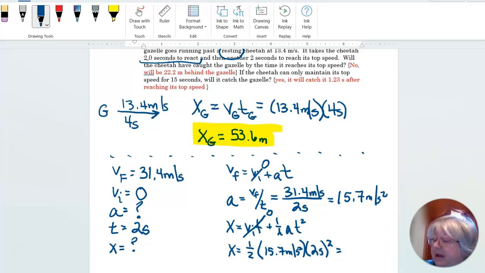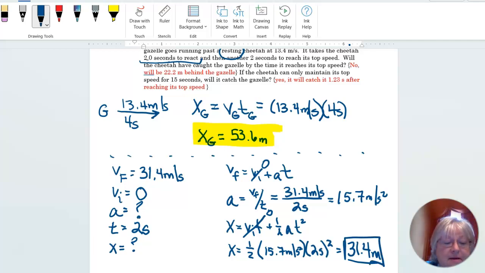So let's see. I hit this into my calculator, and I get 31.4 meters, which is less than 53.6. So I can say that no, my cheetah has not caught the gazelle at this point. Okay, so that is part A.